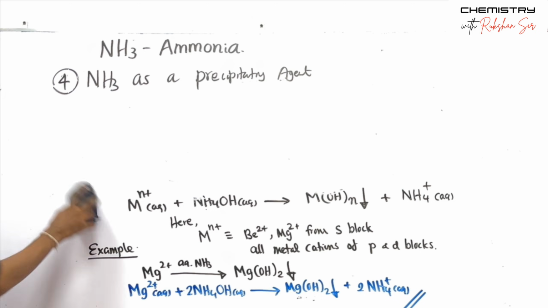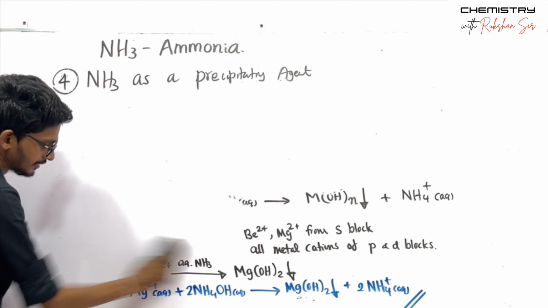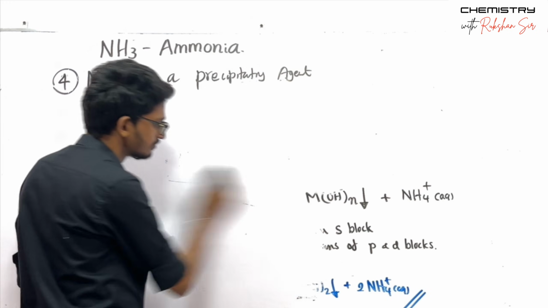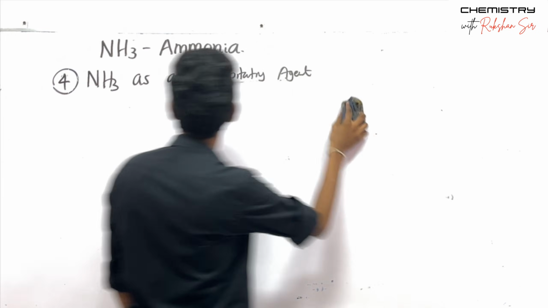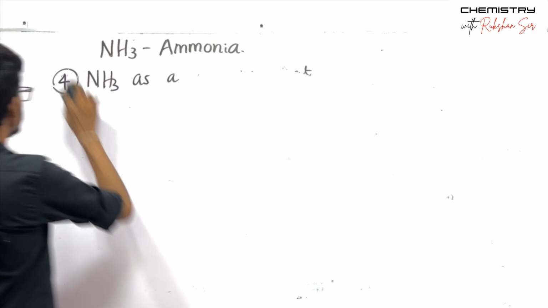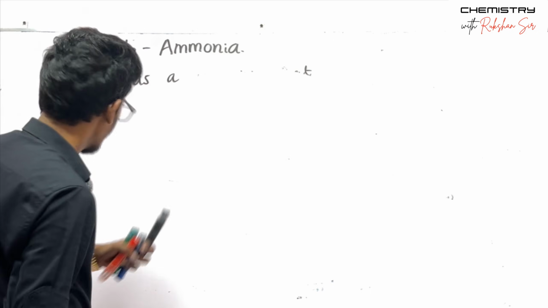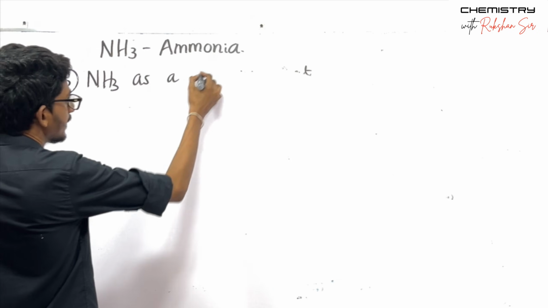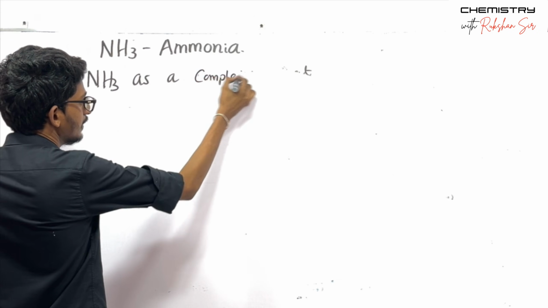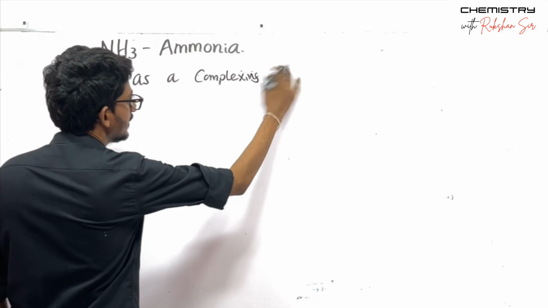Right, let's move to the next section. NH3 as a complex reagent. Right? Look what is in there now. But we know NH3 is capable of forming amine complexes with these in between cations. Complexing agent.